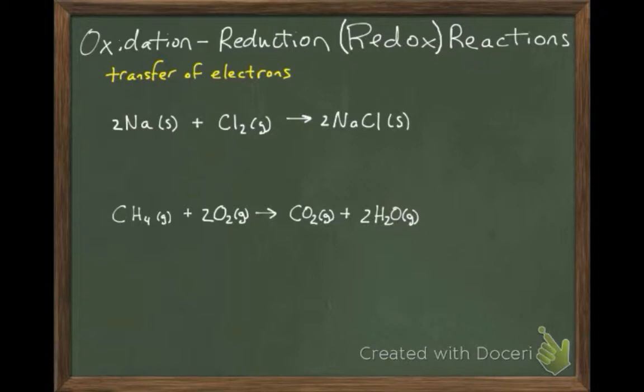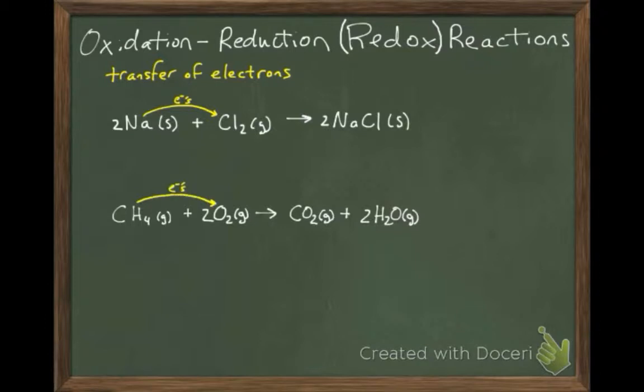A redox reaction refers to a transfer of electrons. In the top reaction, electrons are transferred from sodium to the chlorine gas. In the bottom reaction, electrons are transferred from methane to the O2.